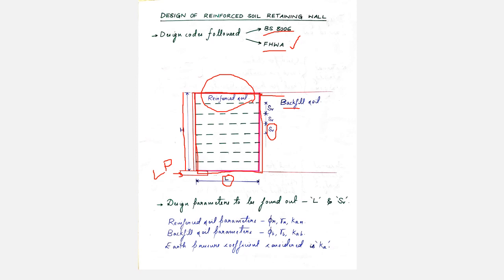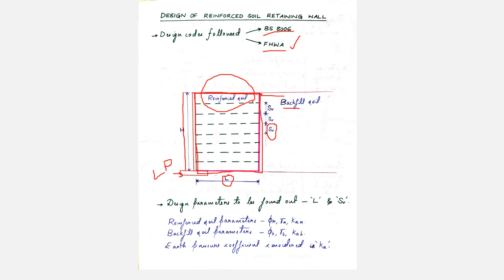Now, what really happens is, in a retaining wall constructed using flexible reinforcements, when a pressure is applied on such walls, obviously the soil will move a little. Like when you apply pressure, the soil starts moving laterally outward.